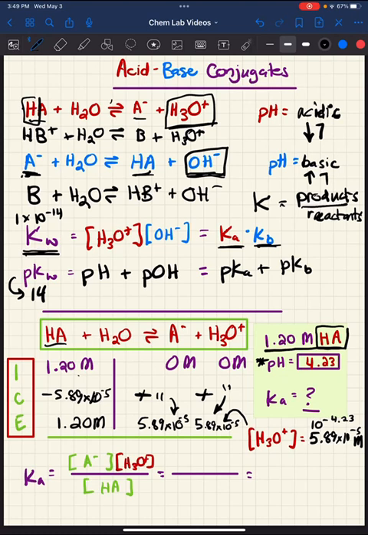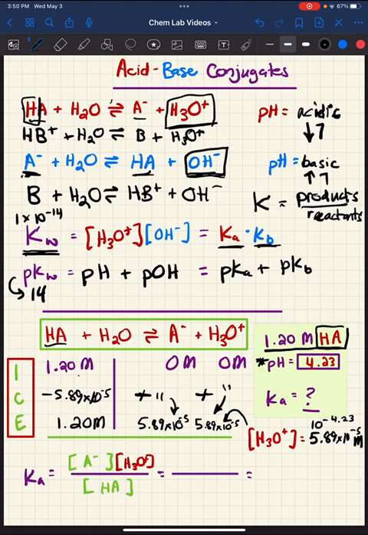Such a small proportion of them is dissociating that it doesn't really cause a change in your actual weak acid concentration. It's so minute that we won't even see it based on the number of digits we're measuring to.